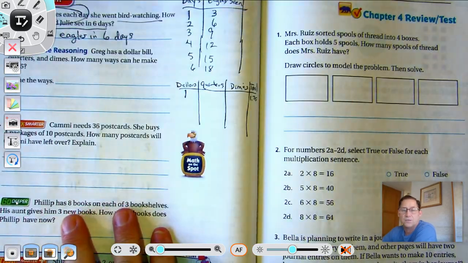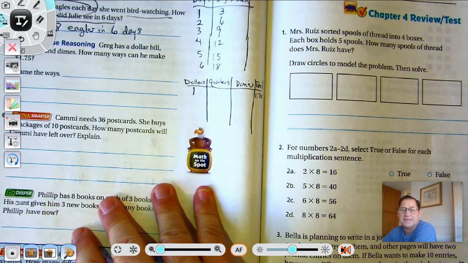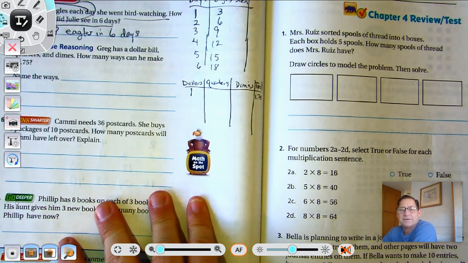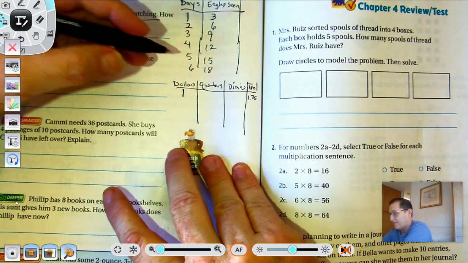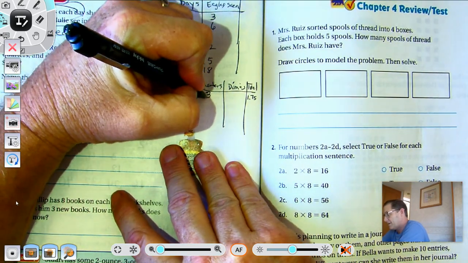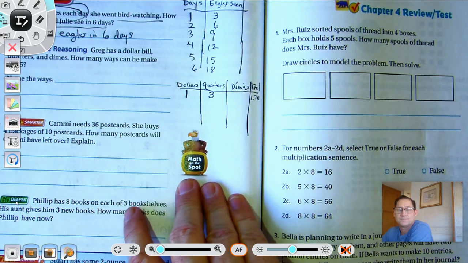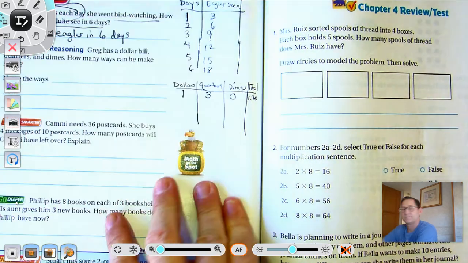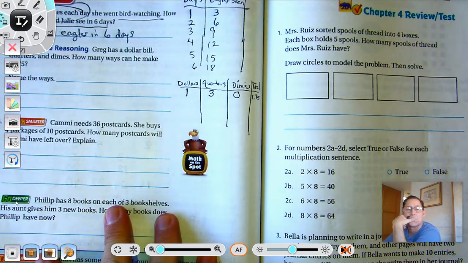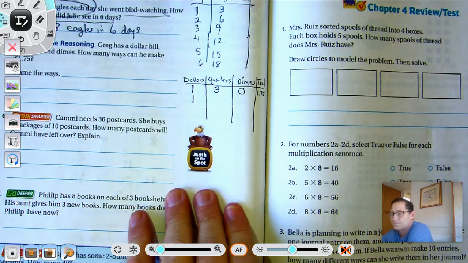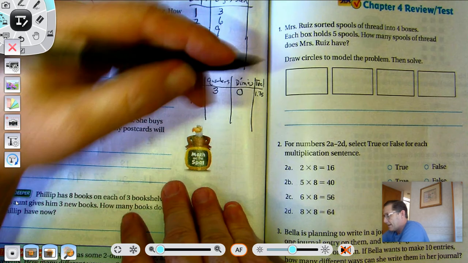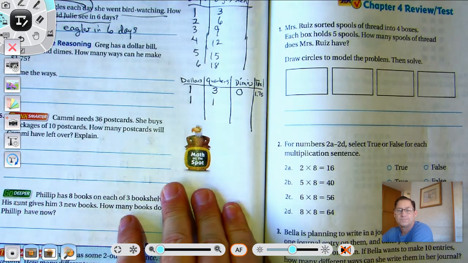Okay, if he has $1, he still needs 75 cents. I can't get 75 cents with just dimes. I can get 75 cents with just quarters, right? I could have 3 quarters and 0 dimes. All right. I could have $1 and I could have 1 quarter.